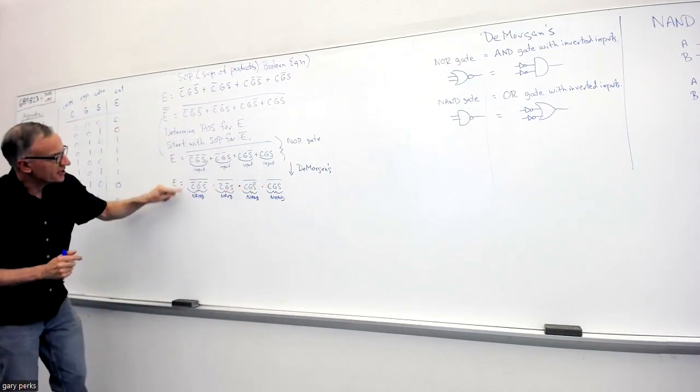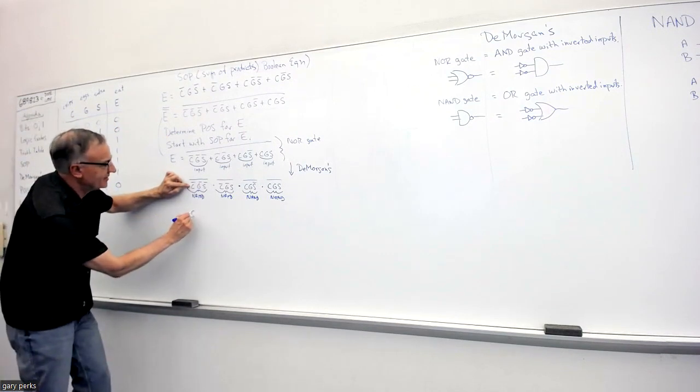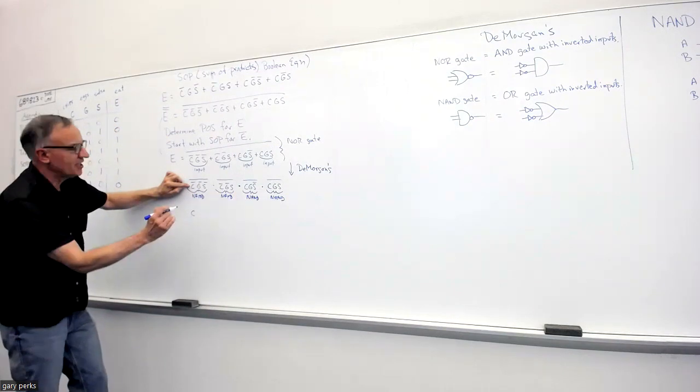So looking at this one here, I take each input inverted, so I'm going to get C, G, and S, and I OR them together.